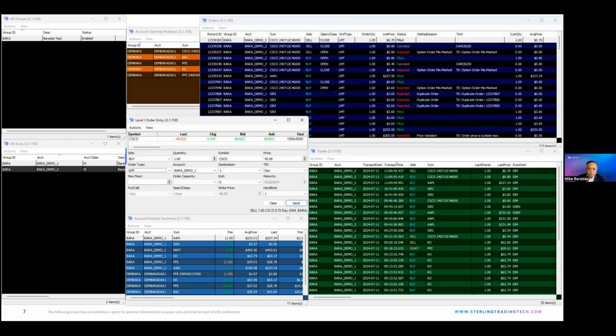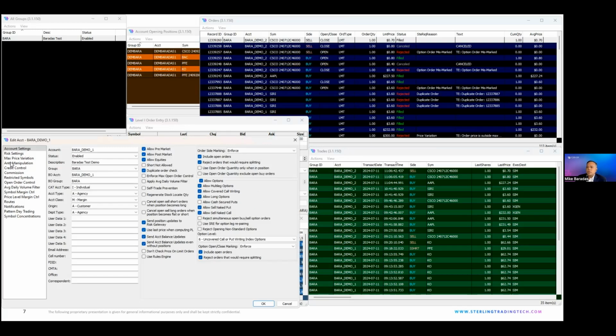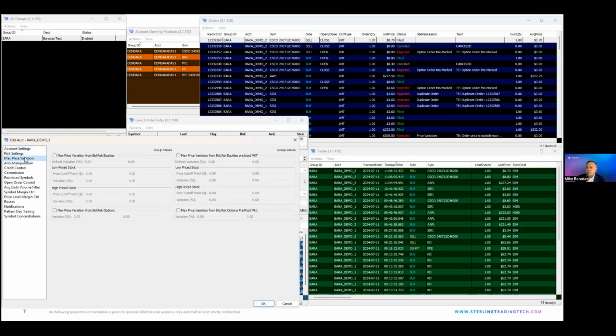So what I wanted to do was to start with the price checks, the fat finger price checks. A very simple case here where I have my account set up with no price checks. That's under here, max price variation, where nothing's checked.